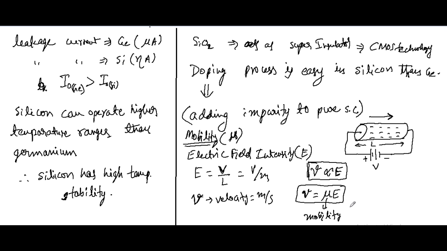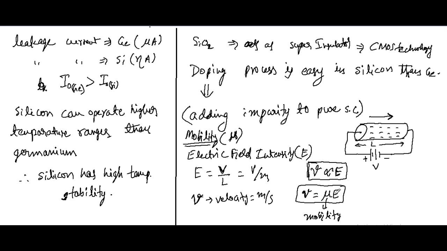The probability of movement of the charge carrier is explained by one parameter, and that parameter is the mobility. This is one of the standard equations used in electrostatic fields: V is equal to mu into E, where E is the electric field intensity and V is the velocity of the charge carriers.